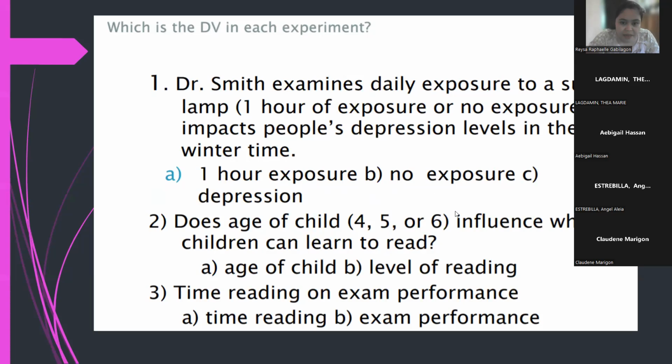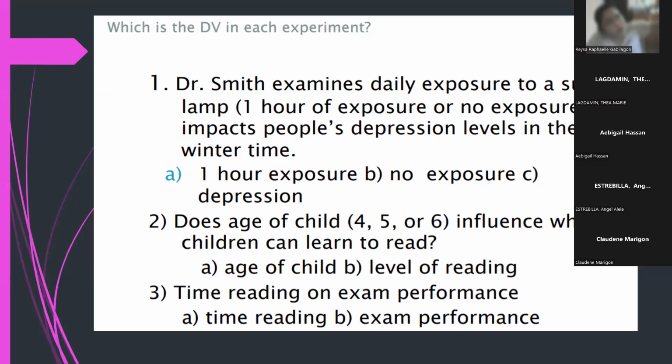And then lastly, time reading on exam performance. So letter A, time reading. Letter B, exam performance. Alin dito yung DV? DV is the outcome ha? The outcome variable. So that is very good. This is the exam performance. Yung ating independent variable is time na pagbabasa.